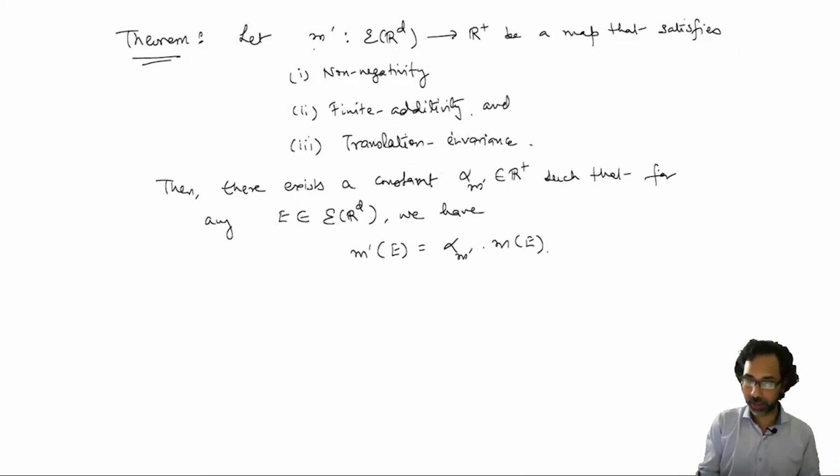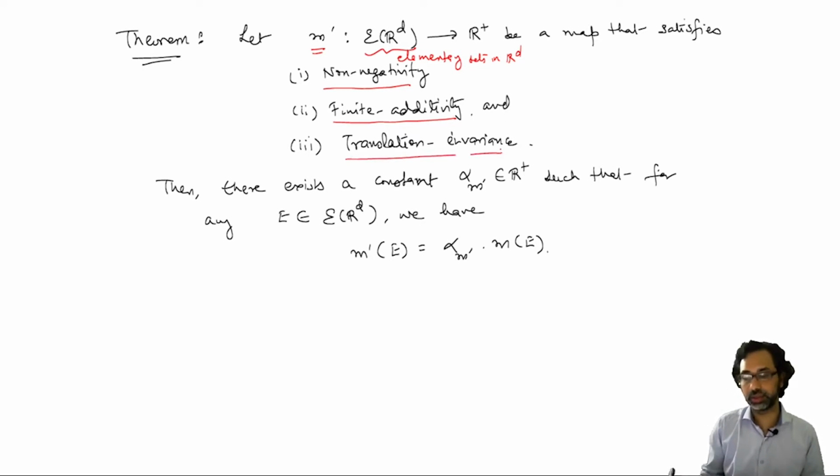It says that M prime is a map from the elementary sets in Rd to the non-negative reals R plus, which satisfies three properties. First is non-negativity, the second is finite additivity, and the third is translation invariance. So we have seen that our elementary measure satisfies all these three things, and now we are assuming that there is another map M prime which also satisfies these three properties.